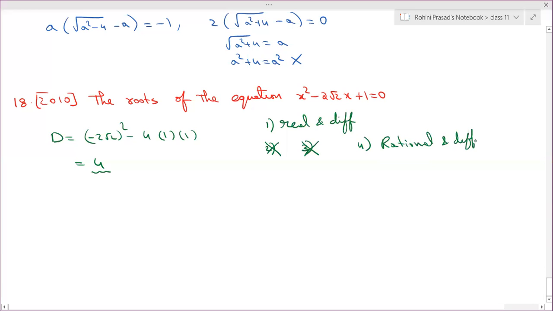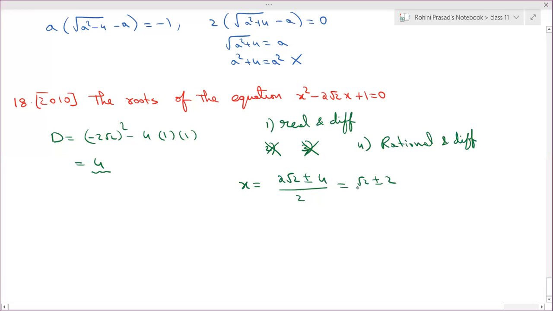So that's why we should not confirm blindly that real and different. We don't know whether they are rational or not. So let us calculate the roots. So x equal to minus b, minus b means 2 root 2, plus minus root d, d is 4, by 2a, 2. So this is root 2 plus minus 2.